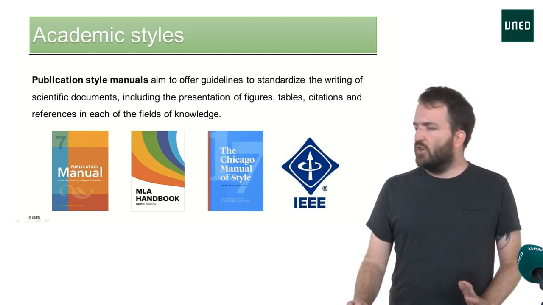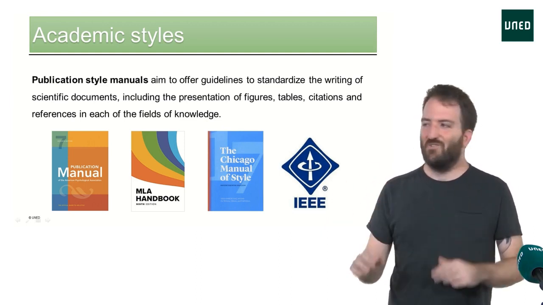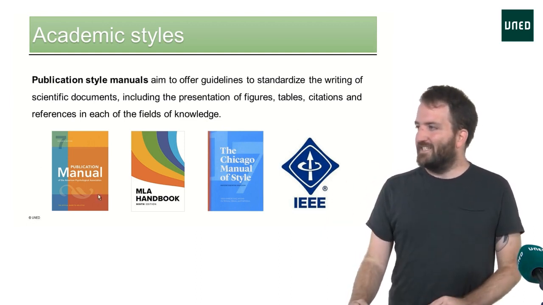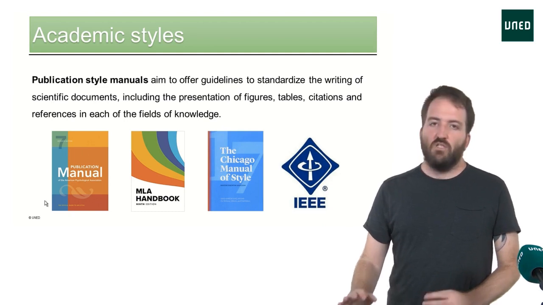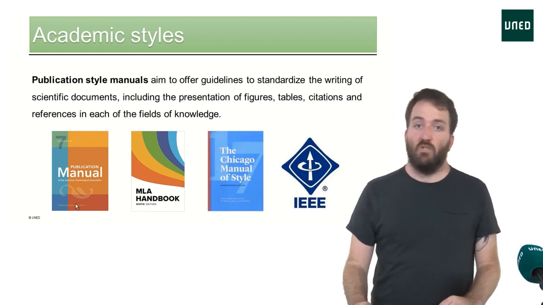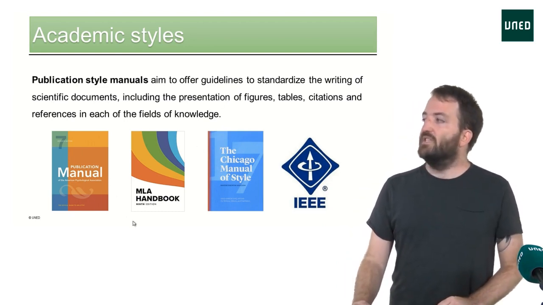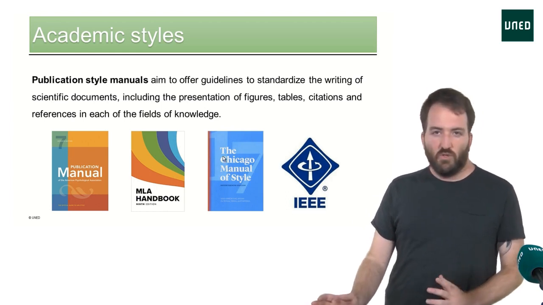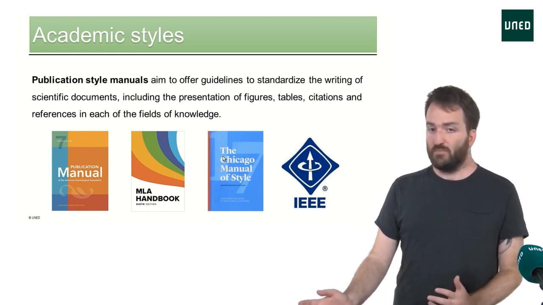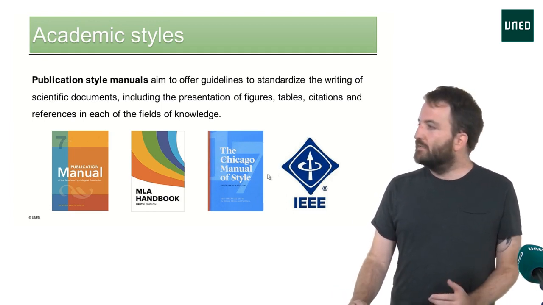There are many, but normally each field of knowledge has already chosen one style. For example, this is the APA, which is more prevalent in psychology, but also in other social sciences. We have the MLA for linguistics. Chicago is more used in law studies, but also in other humanities.